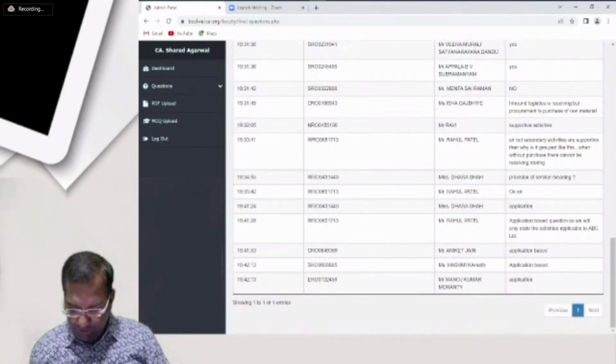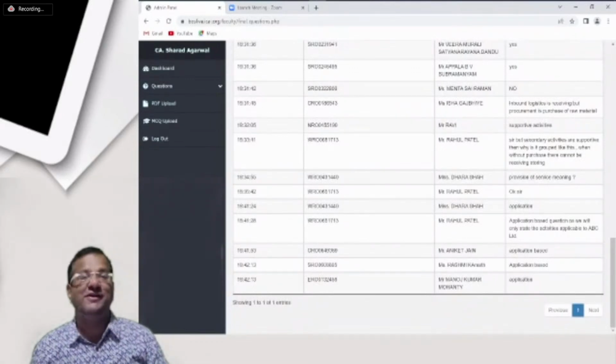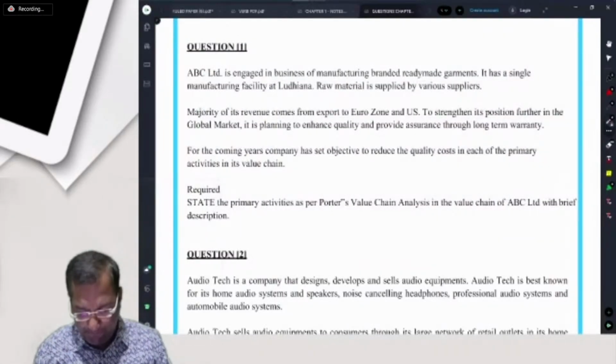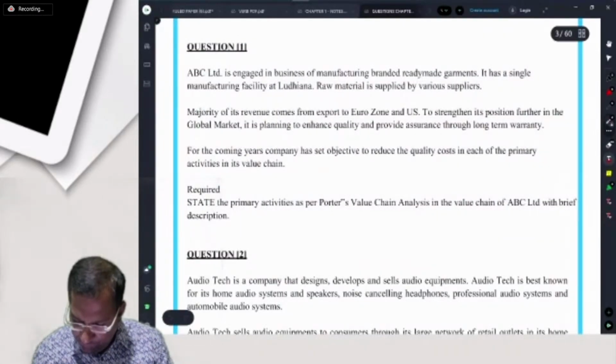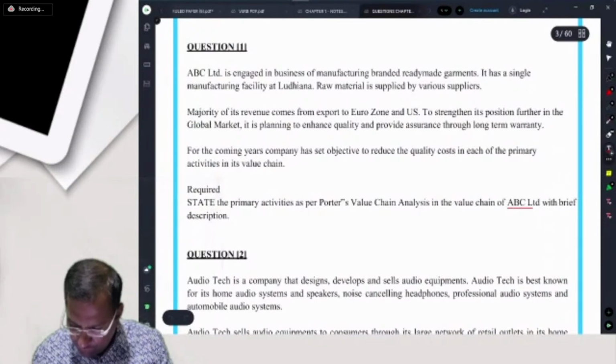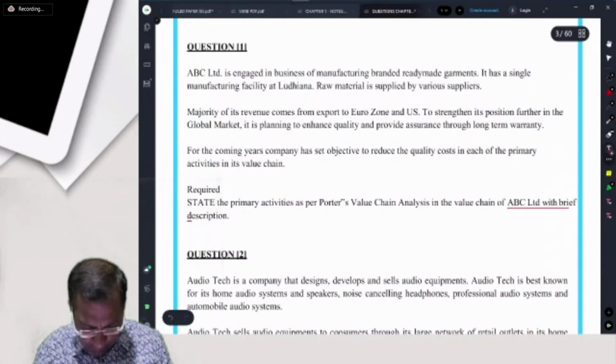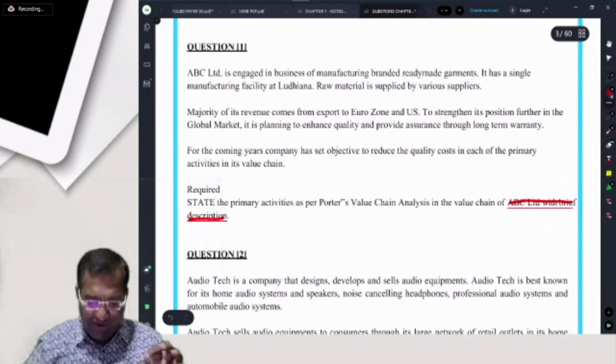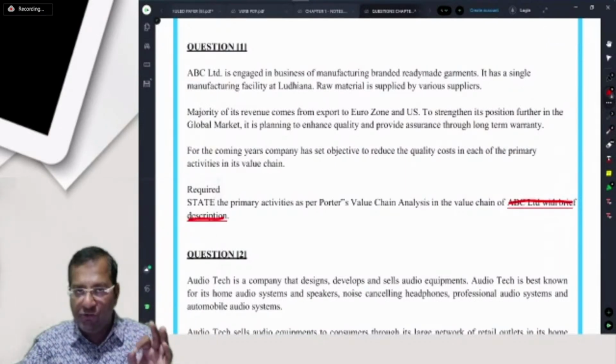Okay, all of the students have given me the correct answer. It's an application based question. This language is very important. If such words are not there, then definitely it's a pure theoretical question.